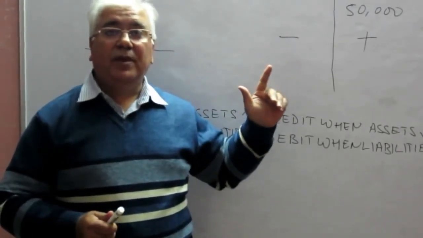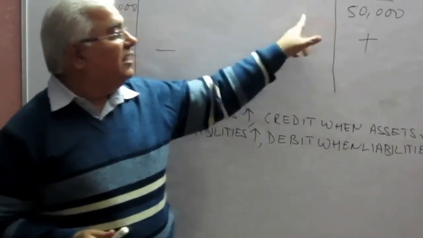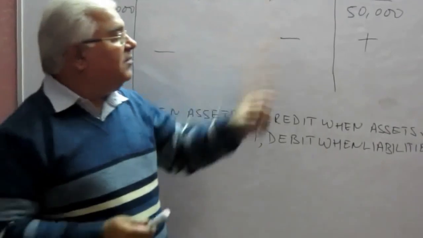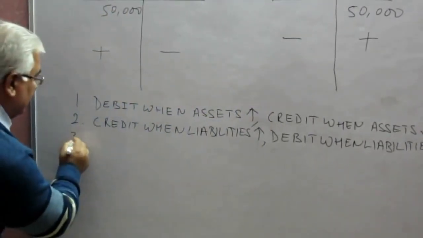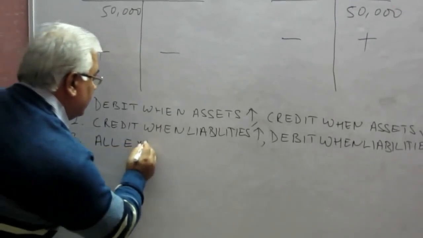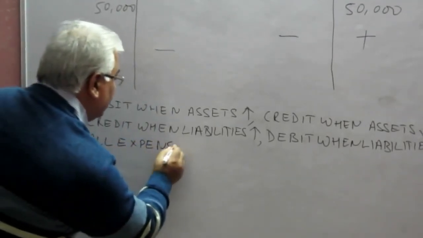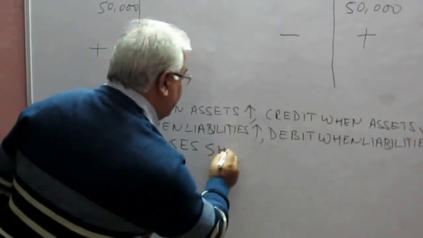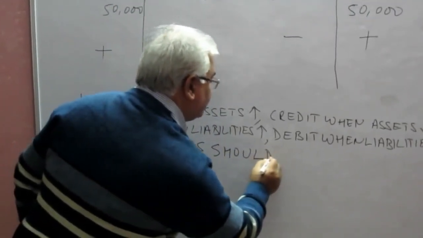So if they were to be put in the capital account, they will be put on this side. That means all expenses and losses should be debited.